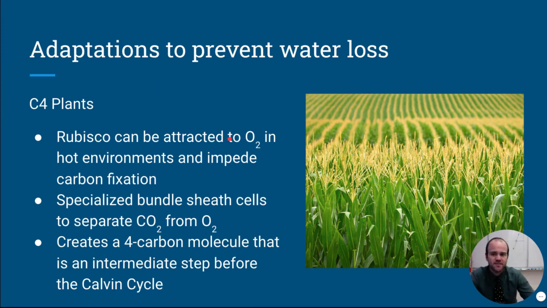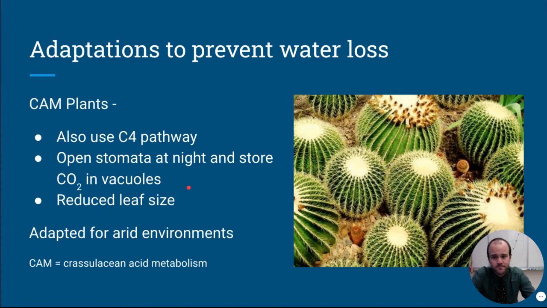Because Rubisco is attracted to oxygen, it can impede carbon fixation, making it harder to make sugar with Rubisco constantly doing photorespiration. As a result, there are special bundle sheath cells that take all the CO2 and store it there. And before it enters the Calvin cycle, it's going to store this CO2 as a 4-carbon molecule. So that's where you get C4 from, that 4-carbon molecule.